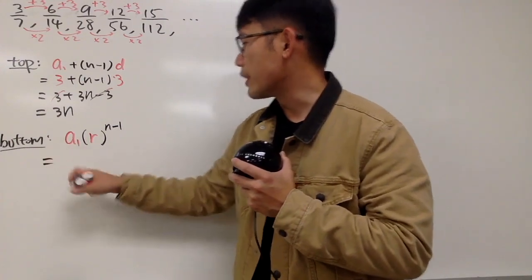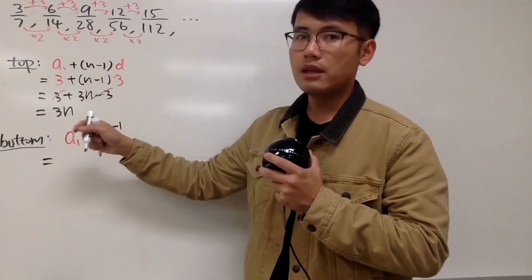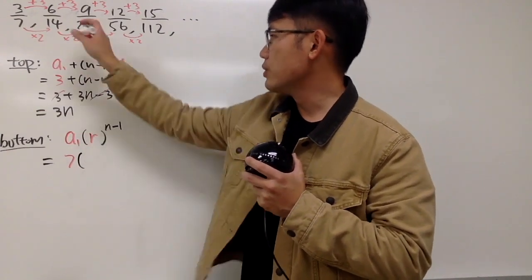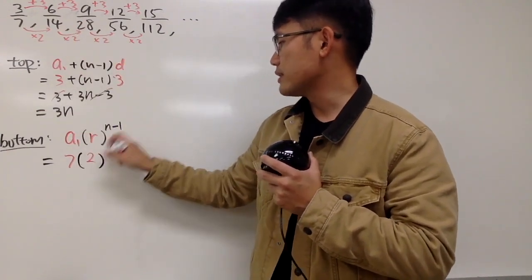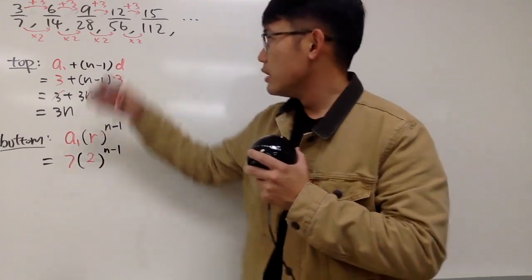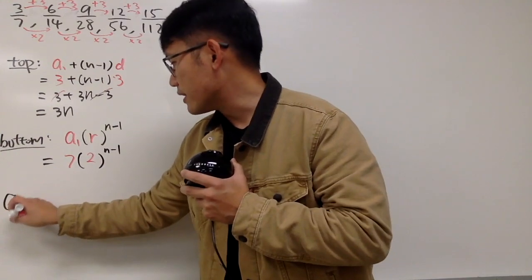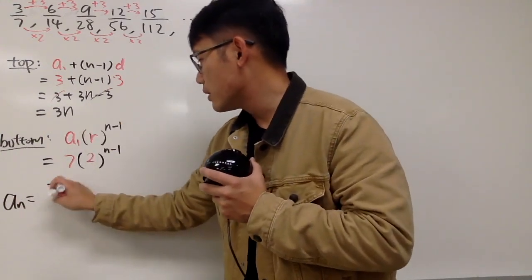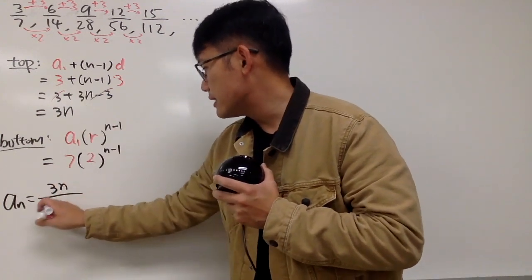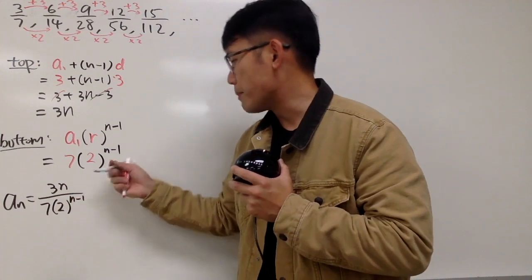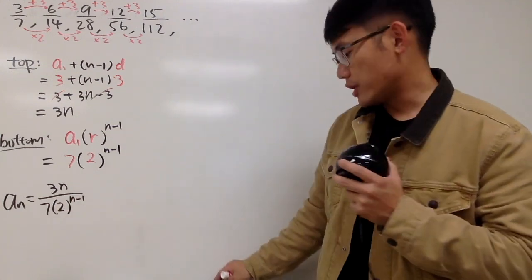And of course, for this right now, we'll just put everything in. a1 is 7, and then r is 2. And then we just raise that to the n minus 1 power, like this. That's pretty much it. So all in all, we just have to divide this and that. an is equal to 3n over 7 times 2 raised to the n minus 1 power, like that. So that's pretty much it.